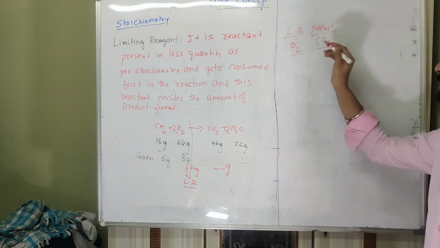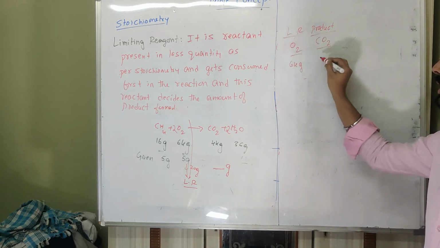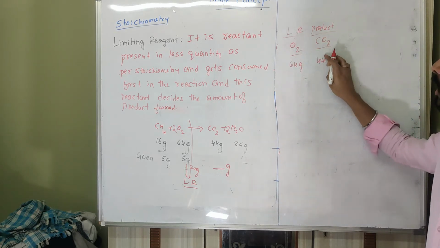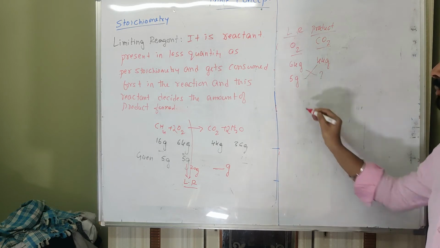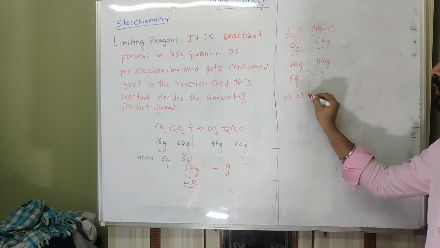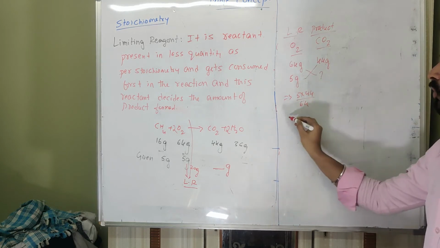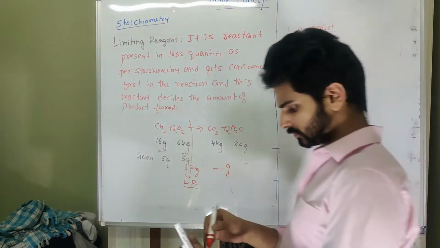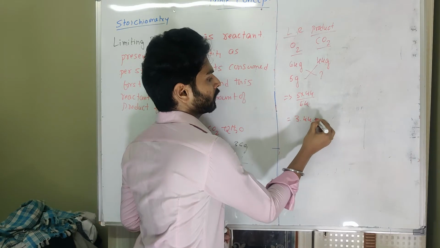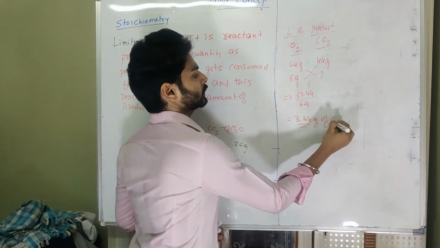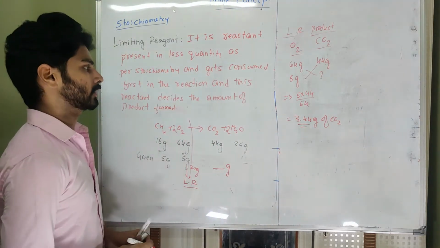So here 64 grams gives us 44 grams of carbon dioxide, and the 5 grams which is given there gives how much? So this is 5 into 44 divided by 64. This is 3.44 grams of CO2 that will be formed.